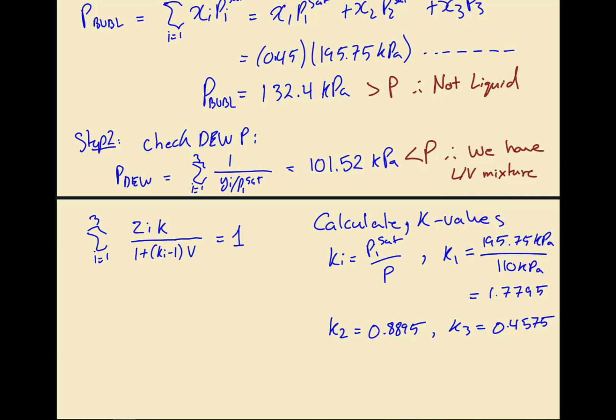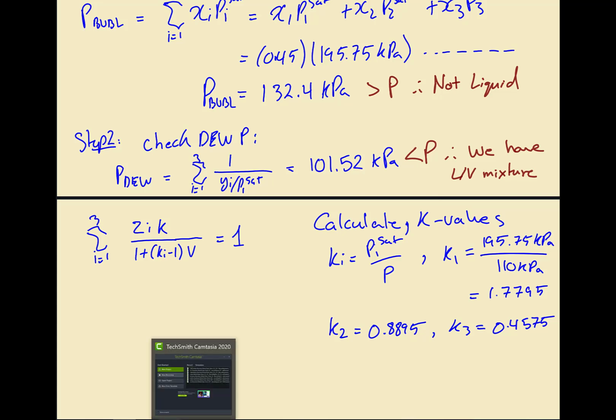For the vapor, I did this all in Excel, but you could do the same thing on paper. If you get this in an exam or a quiz, what we're going to potentially ask is that you do 2 iterations, and that's all you need to do.